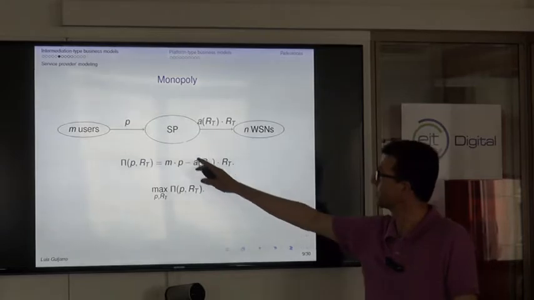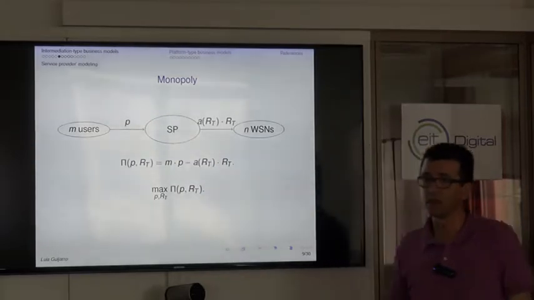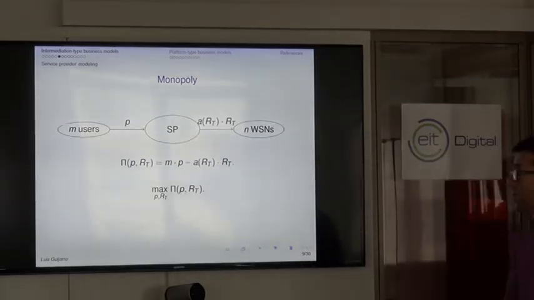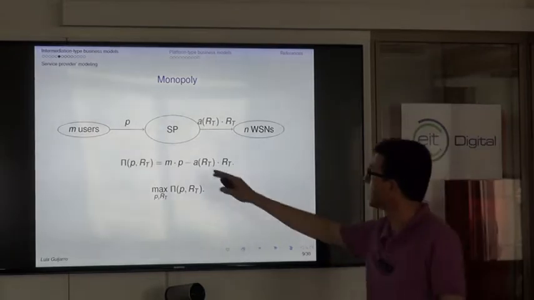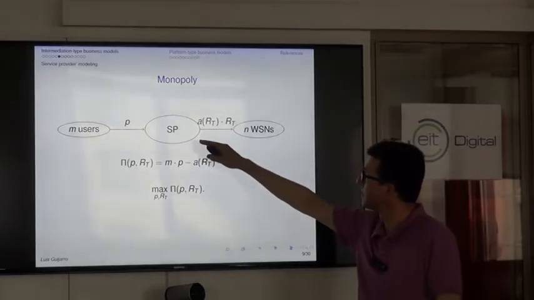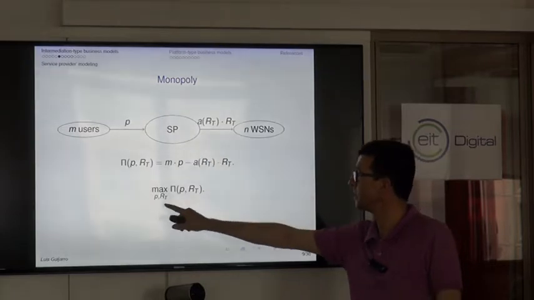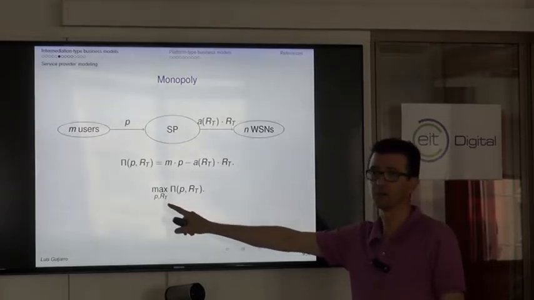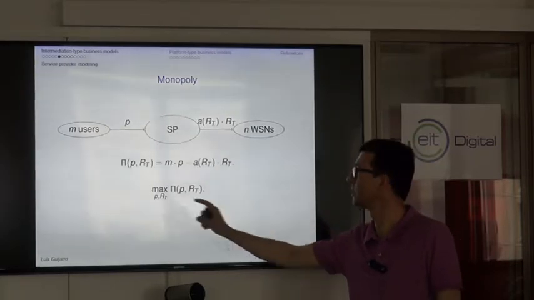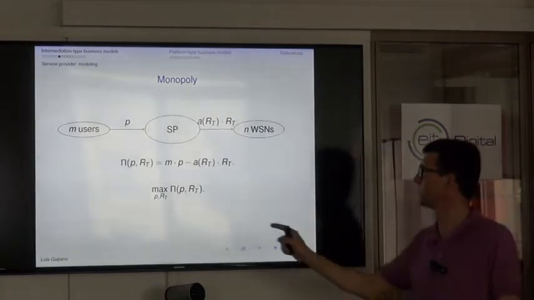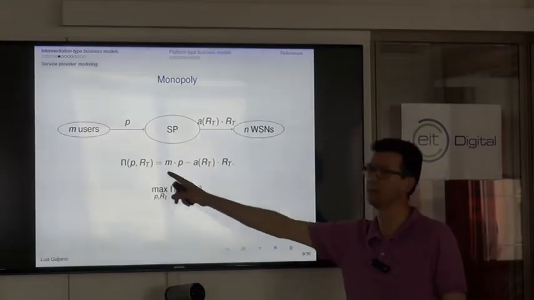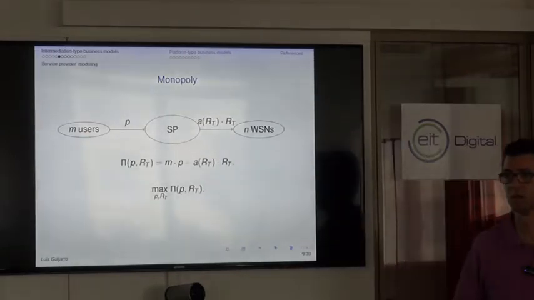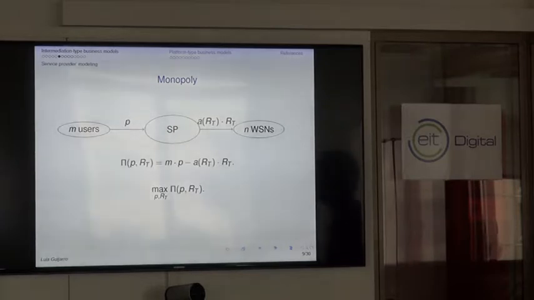Assuming that there is only one service provider, it makes sense that this SP can freely choose P and RT. Of course, those will be the ones that maximize the profits. So this will be the usual way to proceed.